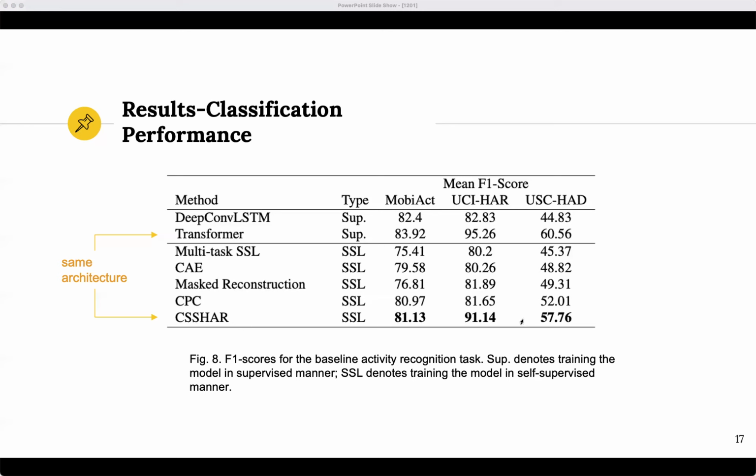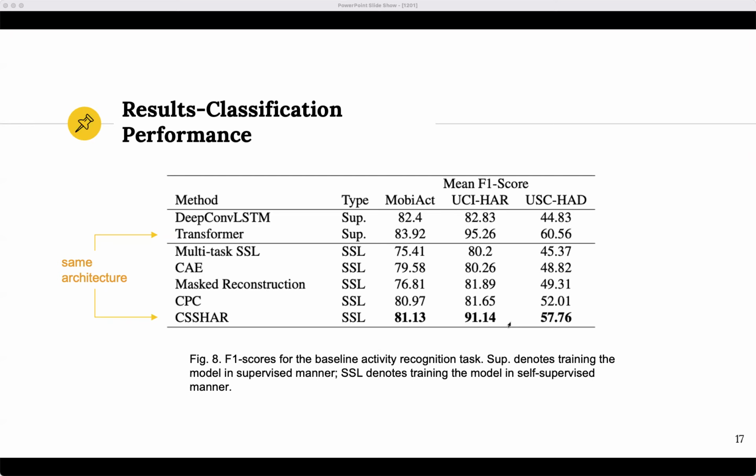The second conclusion we can get is that CSS HAR is the state-of-the-art method, which improves 9% and 5.75% from previous measures. And you can see for the UCI HAR, it has like 10% improvement. That is quite high for this task.